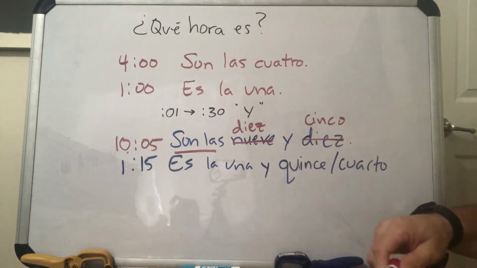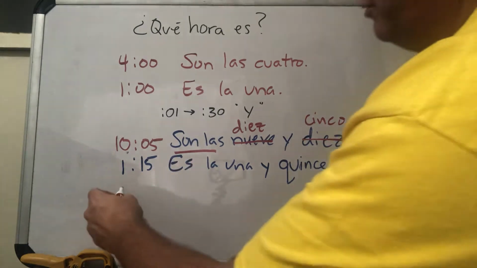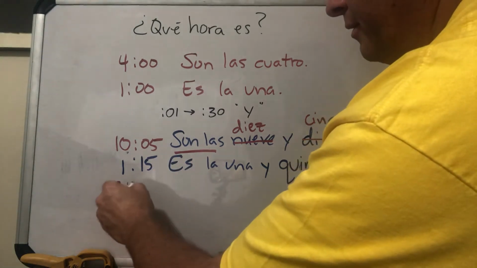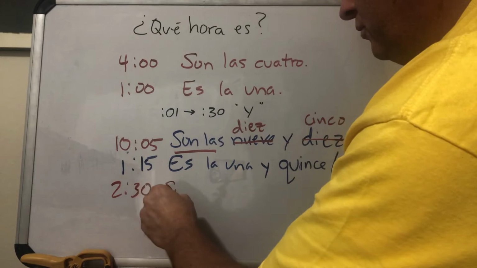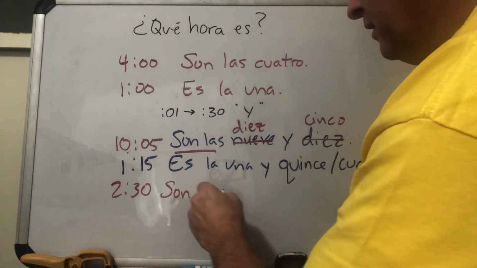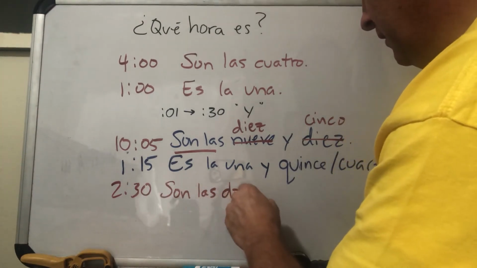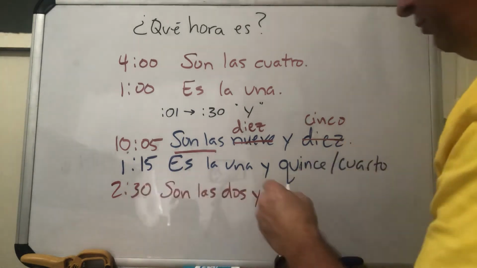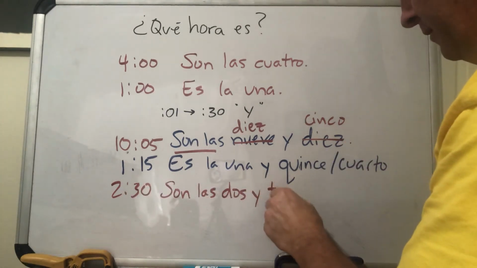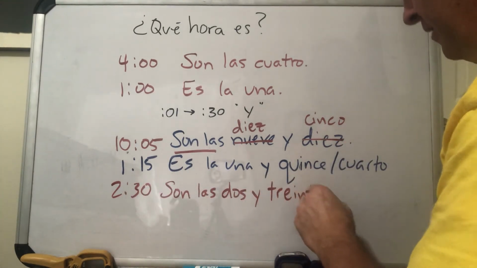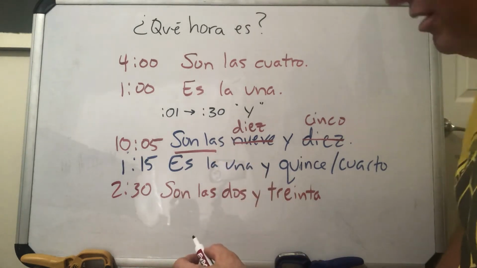Also, let's do 30 real quick. So let's do 2:30. Son las 2 y... Now, the number 30 would be 30. But that's also half of an hour, right?